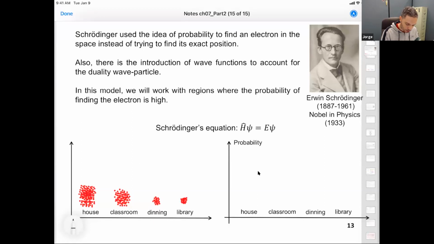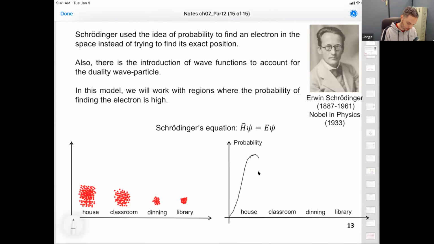Okay, so I will draw a graph where probability is the y-axis. And it doesn't matter here what the label of the x-axis is, but let's say it is the place to find you. There are a lot of dots for your house. So we are going to say that the highest probability is to find you in your house. The second most probable place to find you is in the classroom.